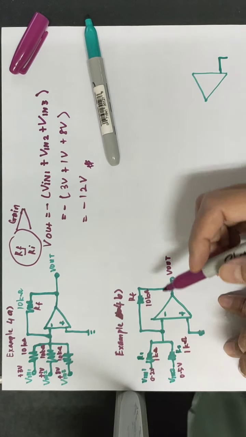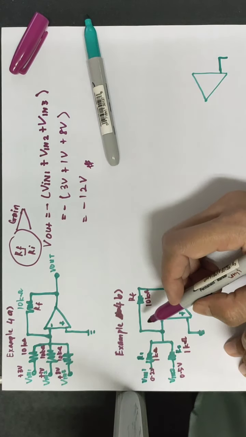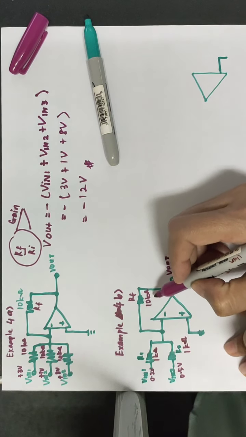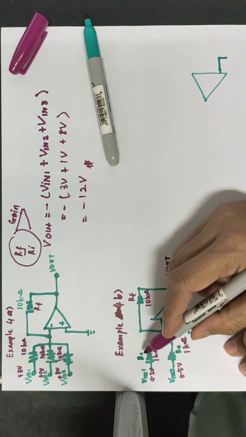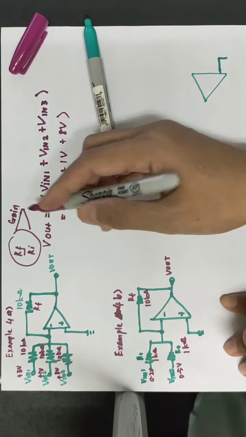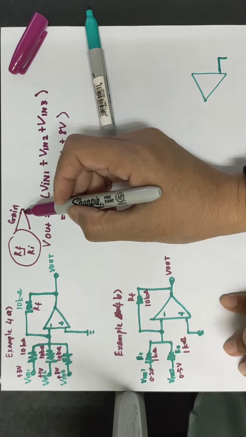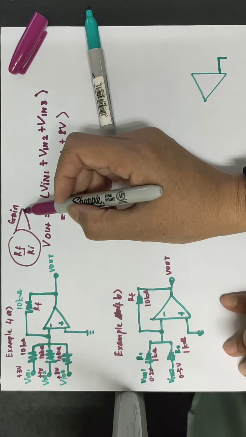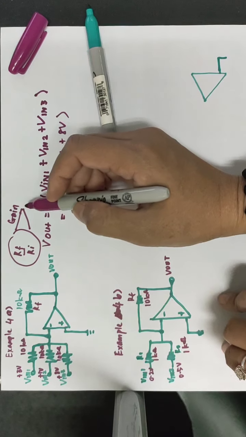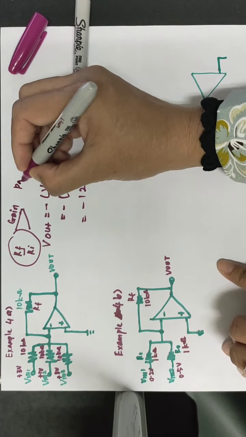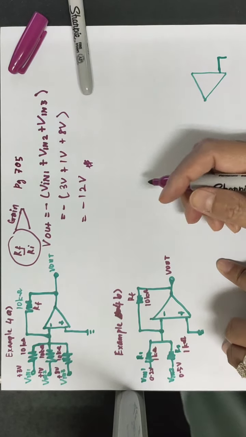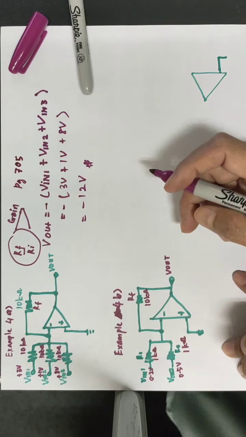As you can see here, in this case the feedback resistor of 10 kilo ohm is bigger than R1 and R2, so the gain will become bigger. It is called a gain greater than unity. You can refer to textbook page 705 or your lecture notes as well.